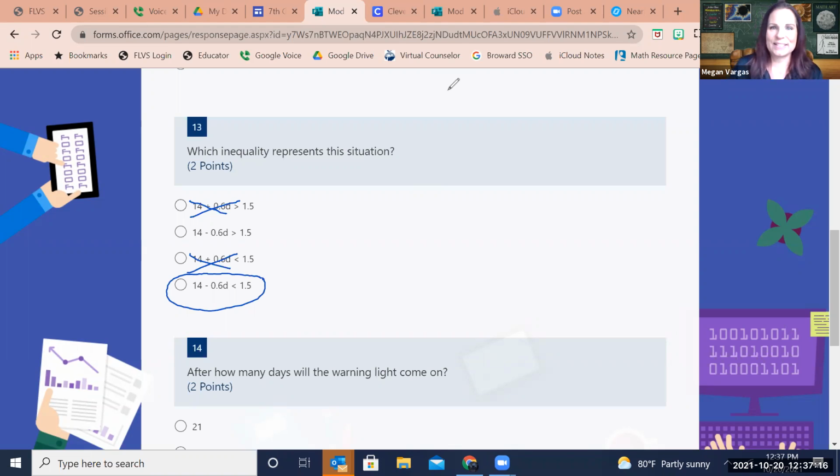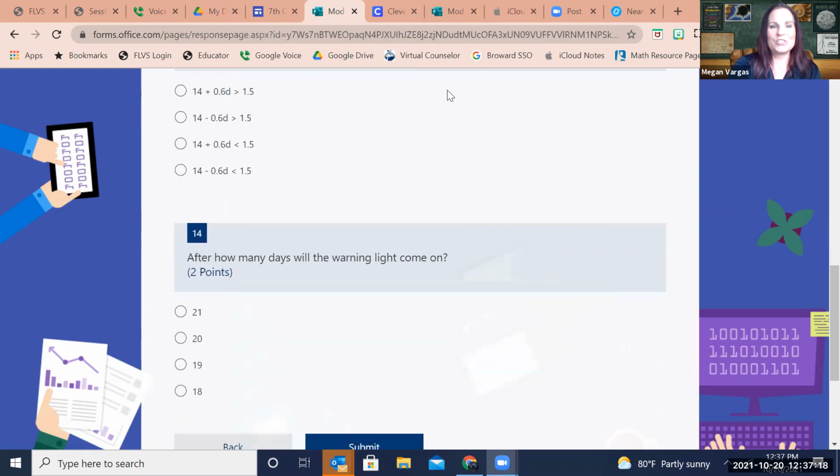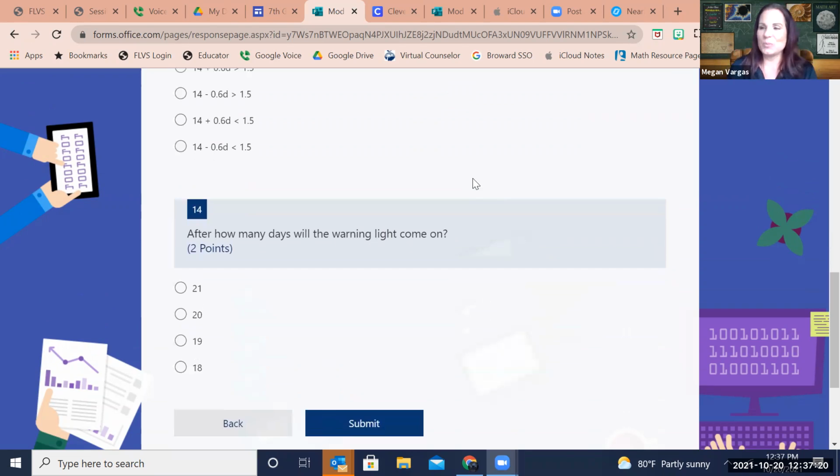All right. And then the last question, after how many days will the warning light come on? So guess what? We have to solve this inequality. So 14 minus 0.6D is less than 1.5. I know with the two of you, I don't feel like I need to go through the order of operations, but just in case, we start with the variable, right?